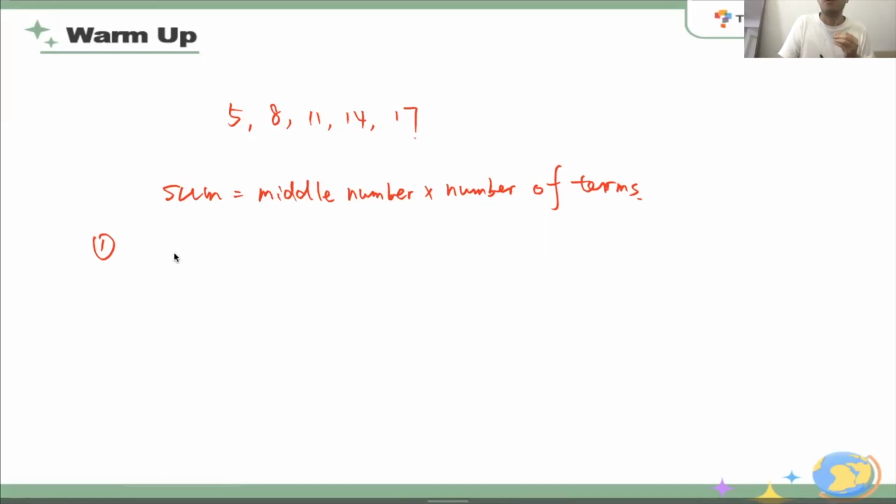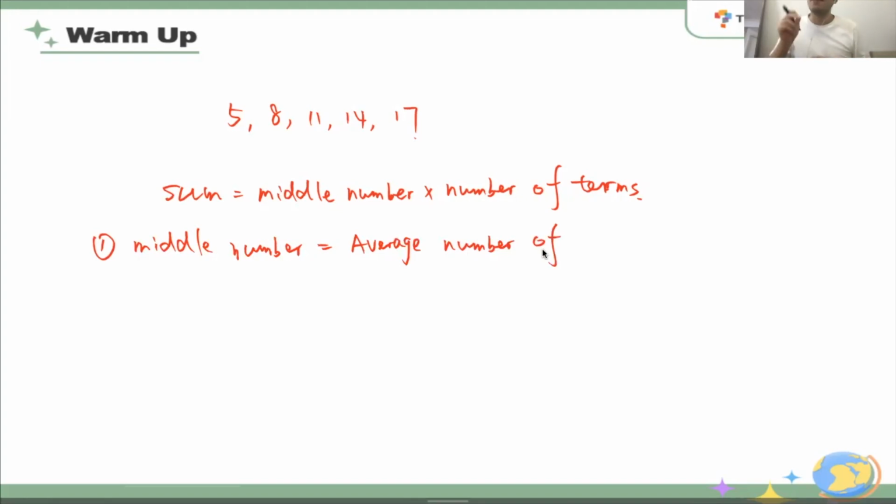And I will tell you, it comes from the fact that the middle number is the average number of this sequence. The middle number is the average number of this sequence, and we can find the reason together. In this sequence, the middle number is 11, right? So that is the middle number.